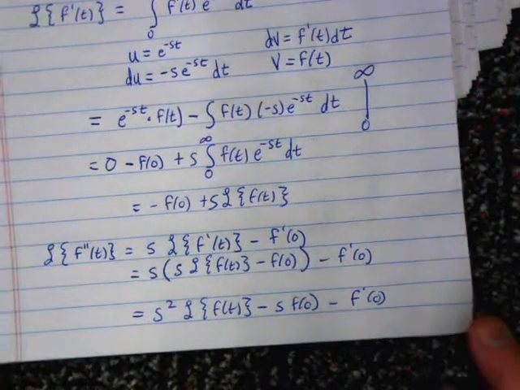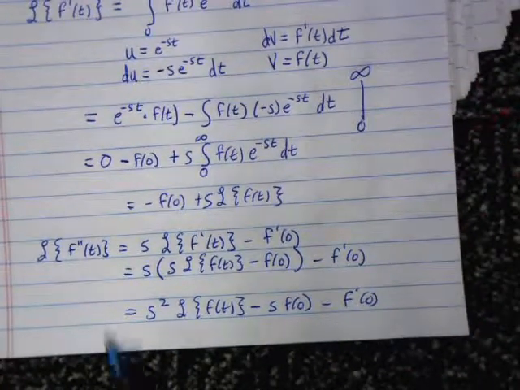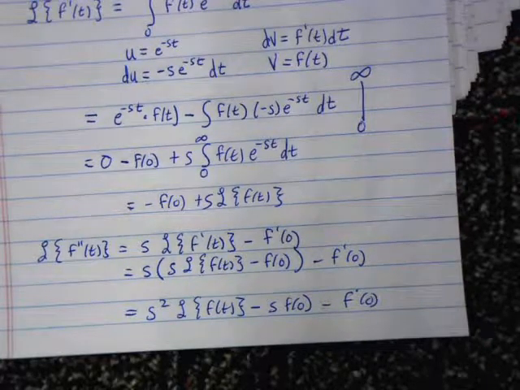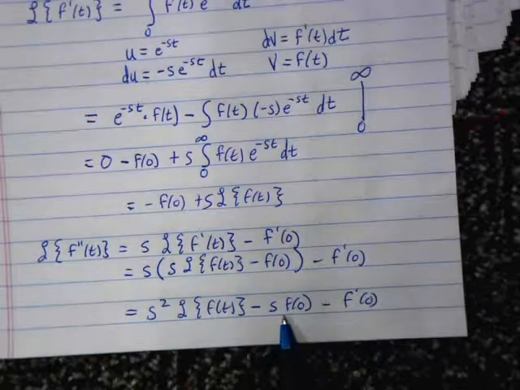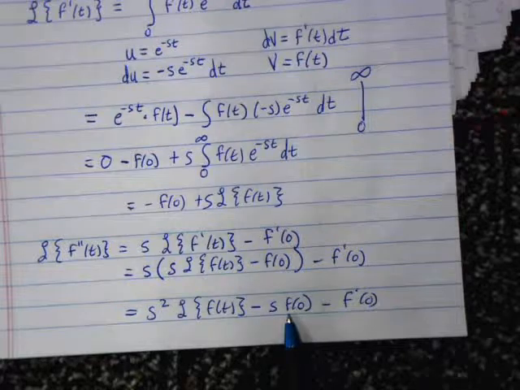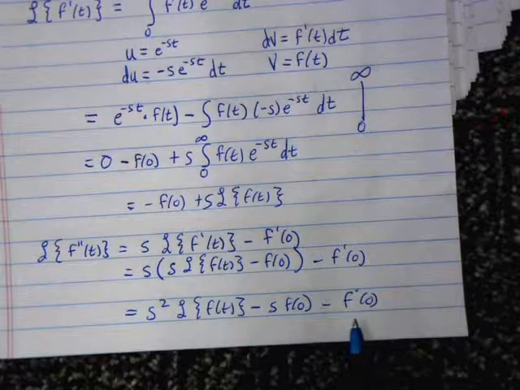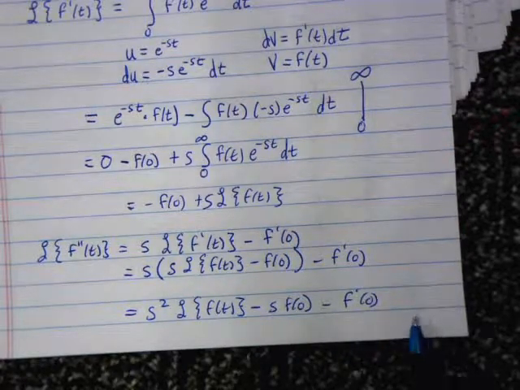What would happen if I wanted to go wild and take the Laplace transform of the third derivative? Yeah, s to the third times the Laplace transform of f of t, minus s squared f at 0, plus s f prime at 0, minus f double prime at 0. See the pattern here.